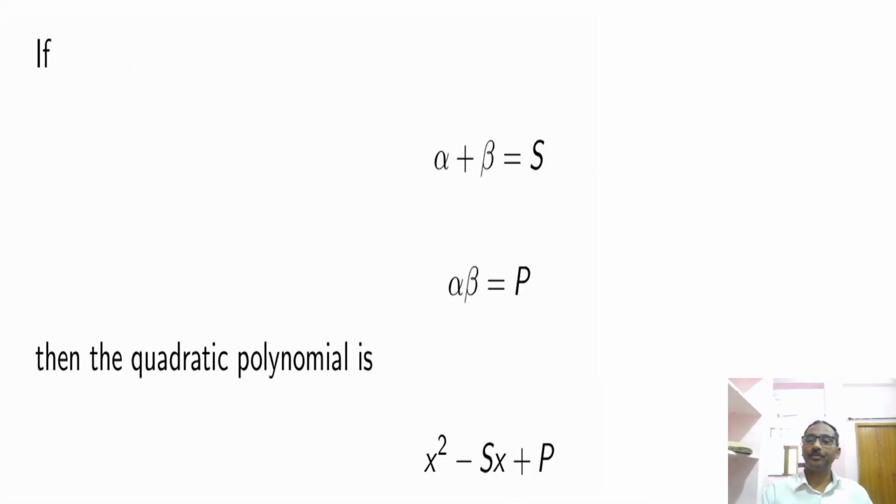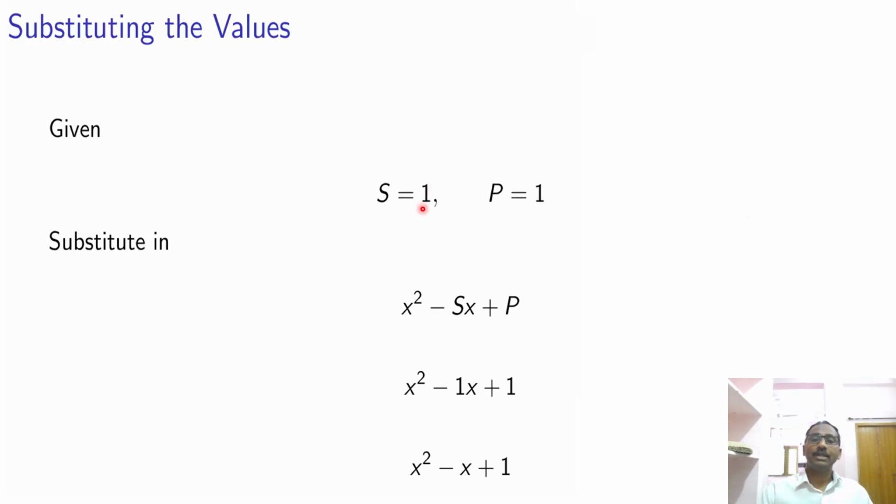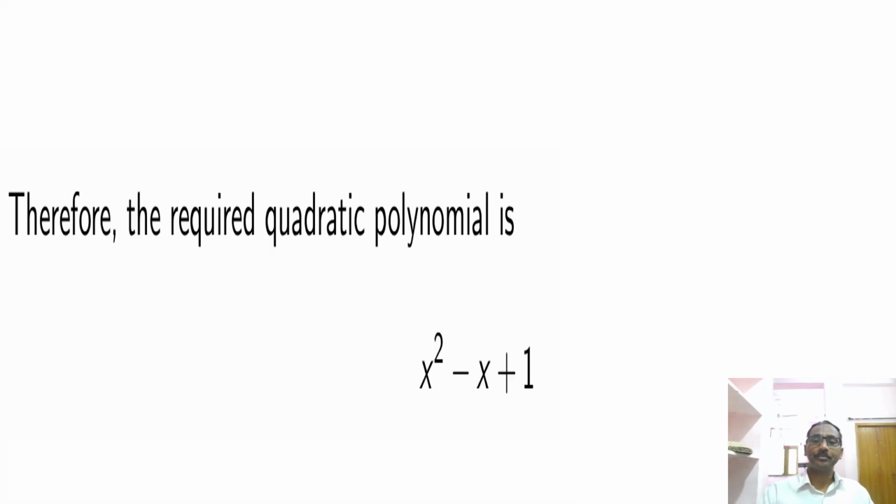Sum is given 1, product is given 1. So in place of s taking 1, in place of p taking 1. So x square minus 1x plus 1, that is x square minus x plus 1. This is the required quadratic polynomial.